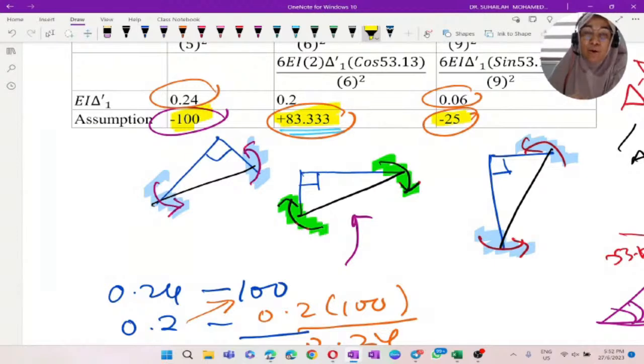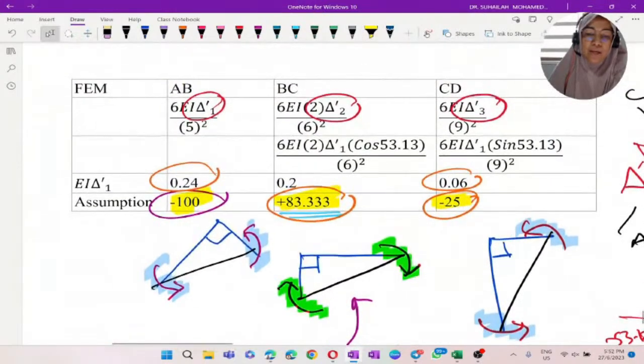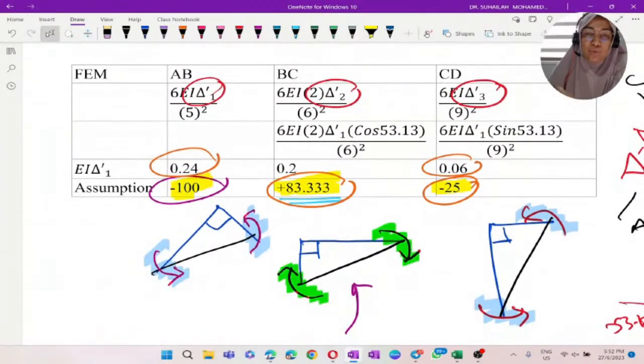This is one of the options that we can consider when we want to calculate FEM due to Sidesway. Of course, there is another option as shown in the textbook on how to determine the FEM.